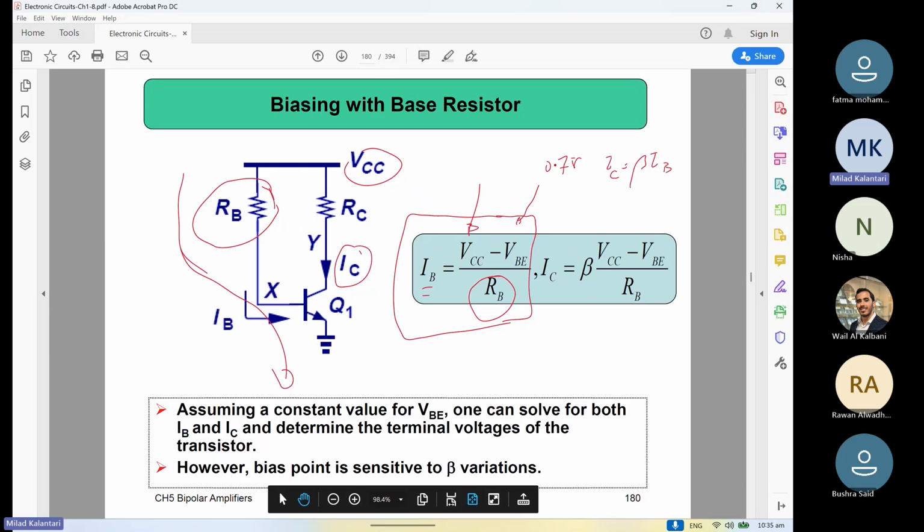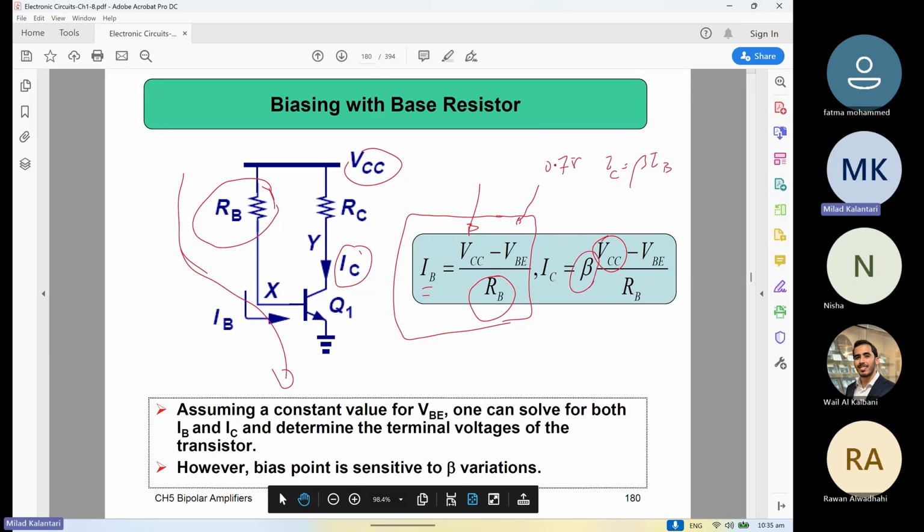You can tell from the parameters that show up in the equation, basically. What are the parameters that are showing? VCC is supplied from outside and is under our control, so that is still fine. What else?